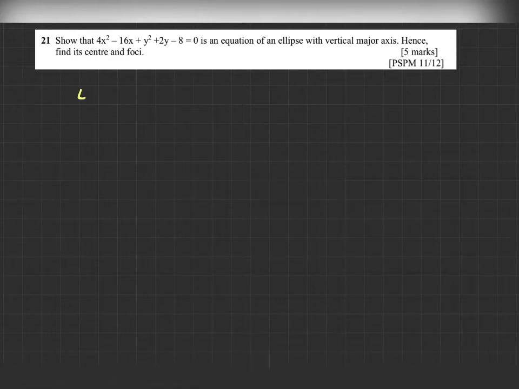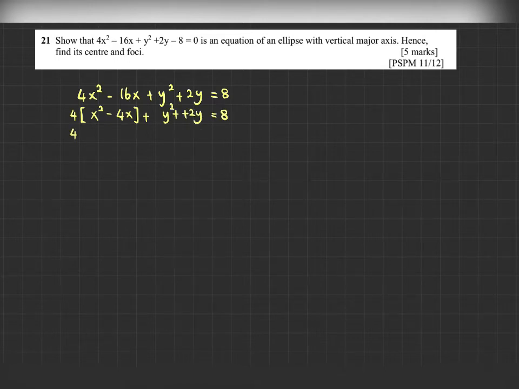So we have 4x square minus 16x plus y square plus 2y equals to 8. Saya pindahkan siap-siap. So, kita factorize dahulu x square punya coefficient ni 4, darab 4, 16. So, 4x here. Plus y square plus 2y equals to 8.